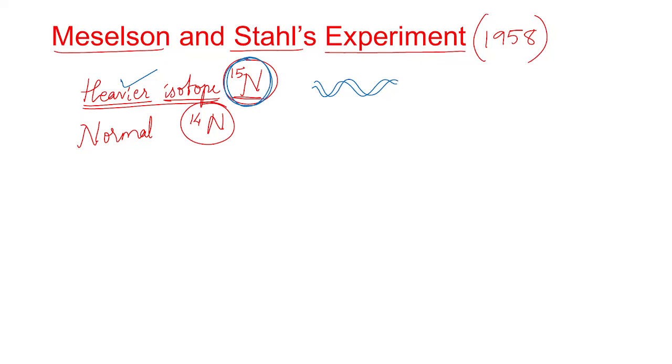That is why all the DNA of those bacteria developed in the heavier isotope containing medium grew with heavier nitrogenous bases.